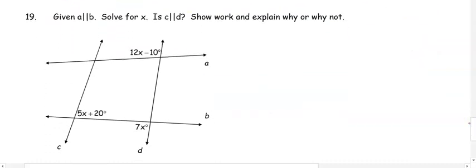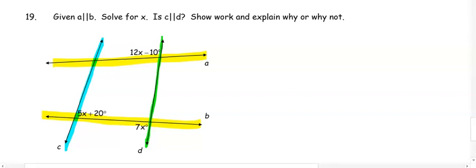In number 19, given that A is parallel to B, is C parallel to D? So even though they're not drawn to look parallel, in this case, A and B are both parallel still, and C and D are the transversals. So this time, along the green transversal, there are two angles.